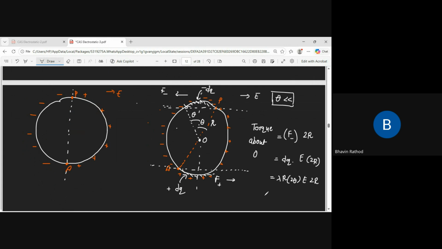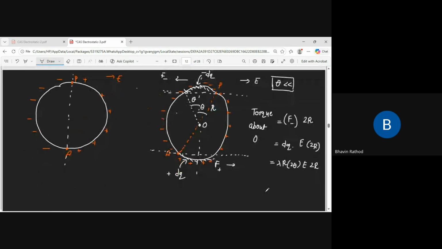So rearranging, the torque is 4 lambda r squared into E into theta.